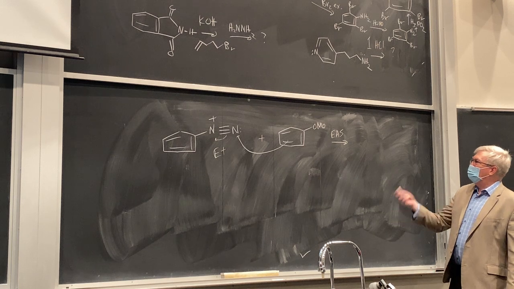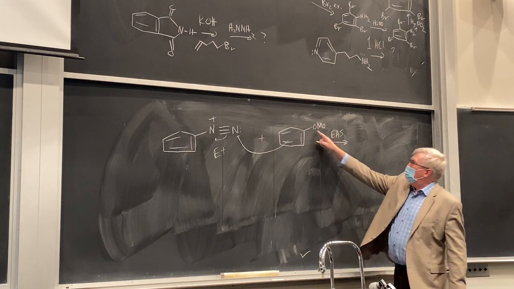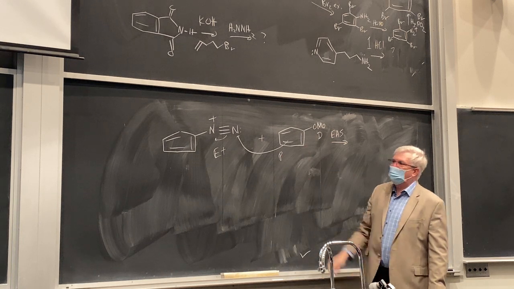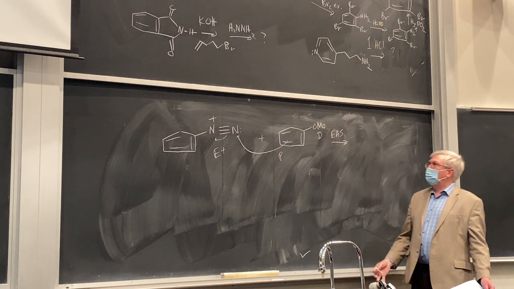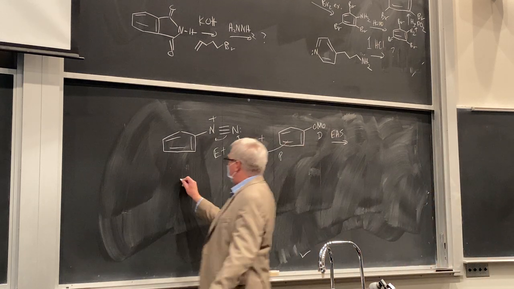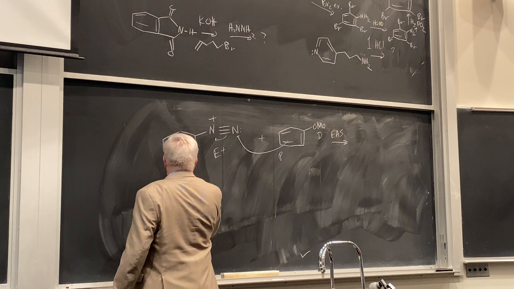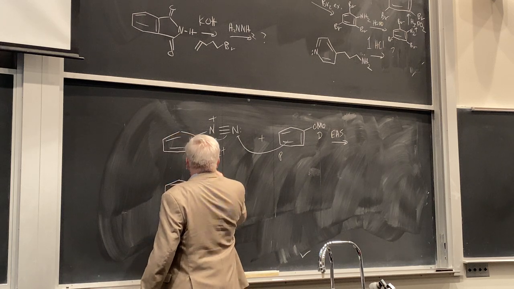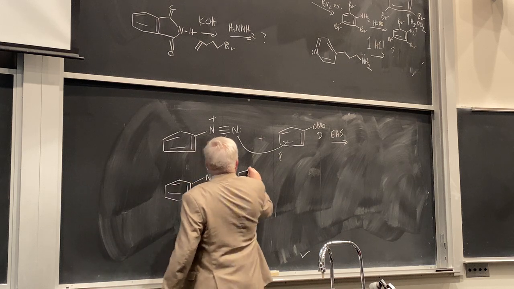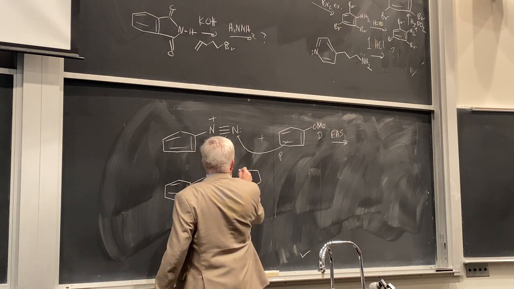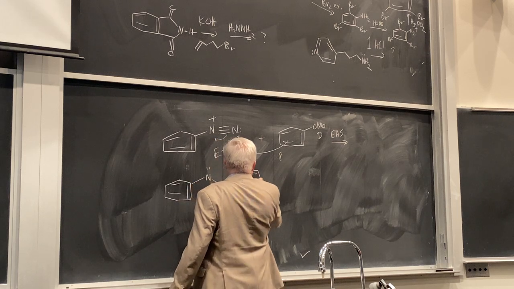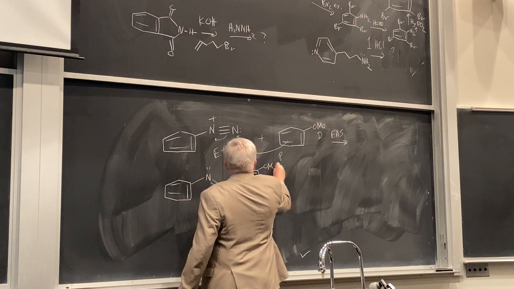So let's see if those electrons flow the way we do. And this is a donor group, right? It's an ortho-para director. So we're actually using it correctly here. And if we flow the electrons that way, what do we get? We get the benzene here, get a pair of electrons on there, and we get our aromatic group here.